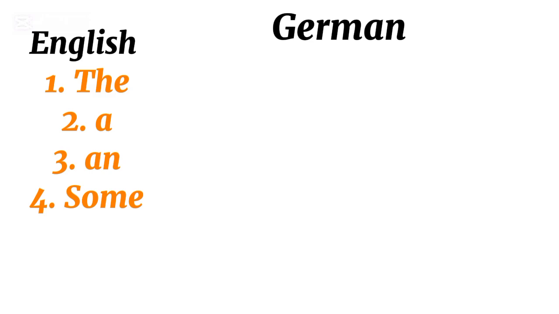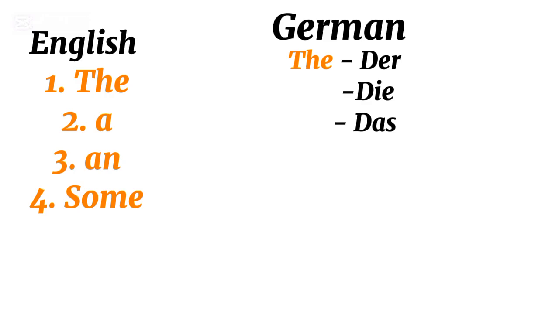For example, this the in English is divided further into three other articles, which are der, die, das, in definite articles. Then in English, a and an are further divided into German indefinite articles.